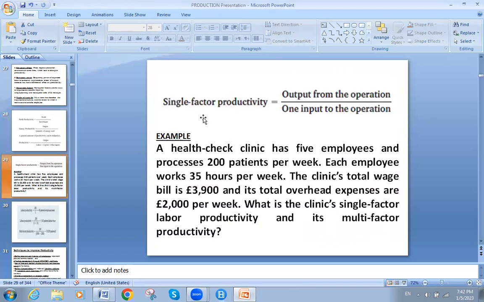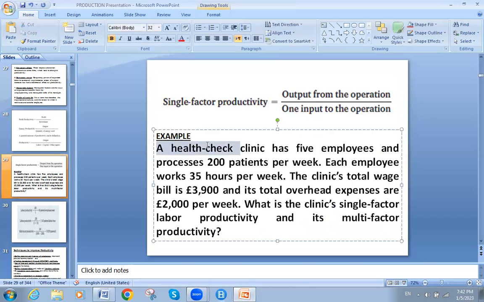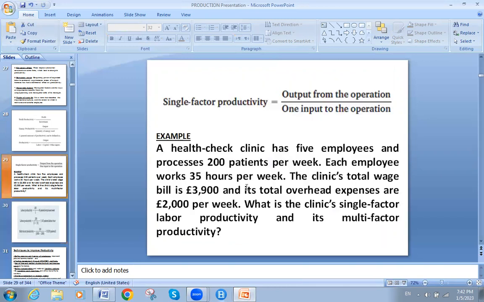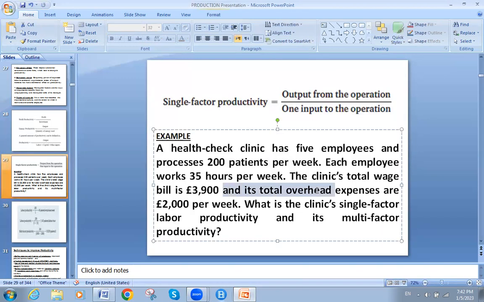Like here as an example, a health check clinic has 5 employees and processes 200 patients per week. Each employee works 35 hours per week. So we'll calculate all the costs of the whole employees. The clinic's total wages bill is 3,900, and its total overhead expenses are 2,000.